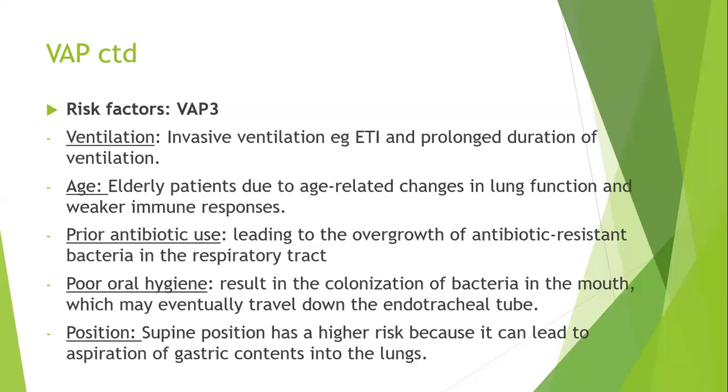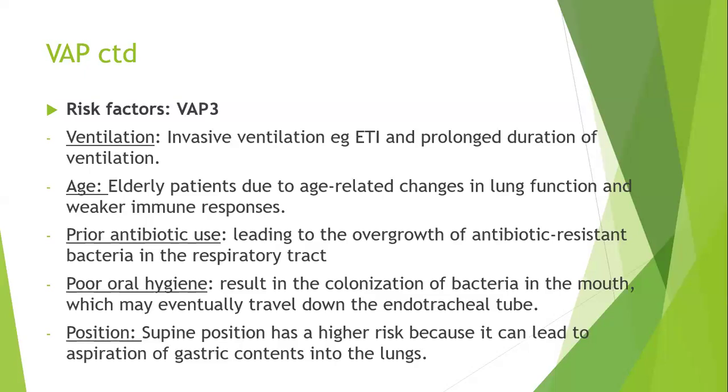Elderly patients, with age-related changes in lung function and weaker immune responses, are prone to develop VAP more than the younger ones. Patients with prior antibiotic use, maybe a patient with community-acquired pneumonia now needing a ventilator, who has been on azithromycin or ciprofloxacin at the outpatient department, are at higher risk of developing ventilator-associated pneumonia when they come to ICU for ventilation.